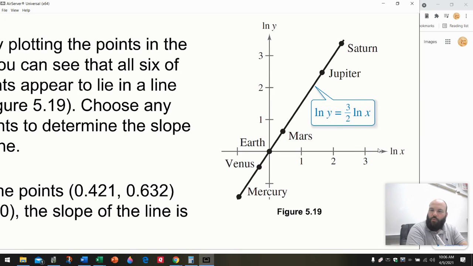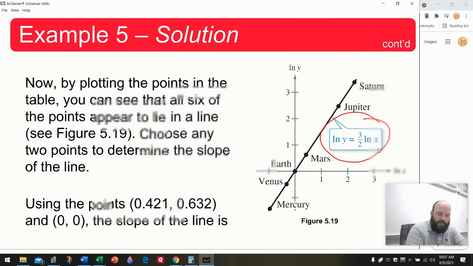So the new points, after we took the natural log of each of the original points, gave us an actual linear graph that we can then solve the equation of much easier than for an exponential. And so what you see right here is the equation of that. Now I want to show you how to come up with that.